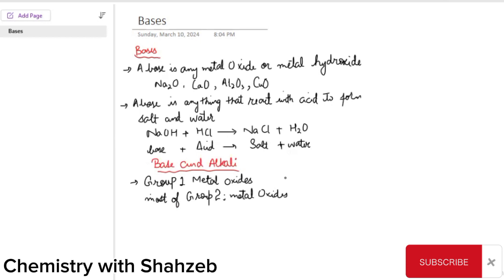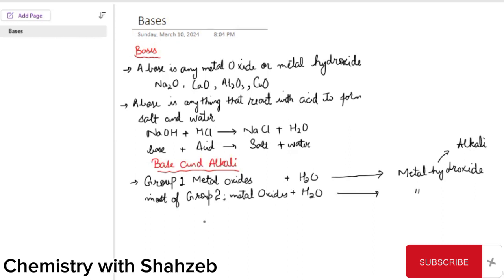They dissolve in water and they form metal hydroxides. And these metal hydroxides are basically alkalis. So can we say that group 1 metal oxides and group 2 metal oxides are bases?